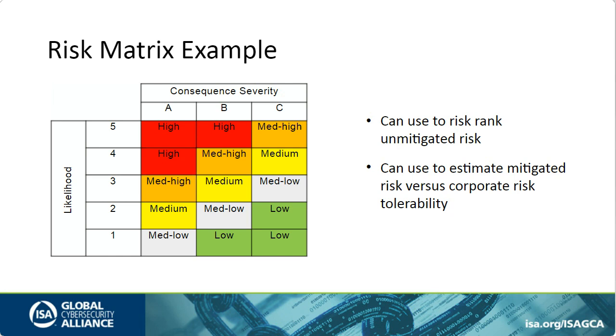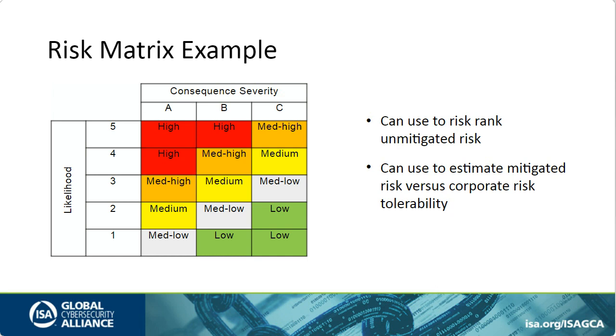And at first, you would not consider any safeguards or countermeasures or controls, and that is known as unmitigated risk. That is the worst that can happen if those combinations occur, that likelihood and that consequence. By going to the risk matrix, you can see where red high would indicate that, hey, that's not acceptable.